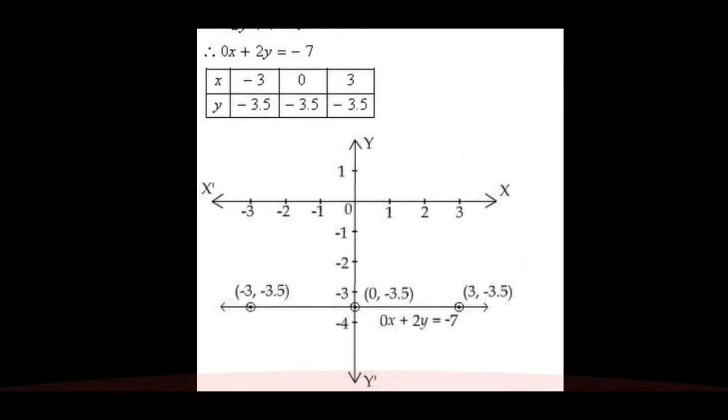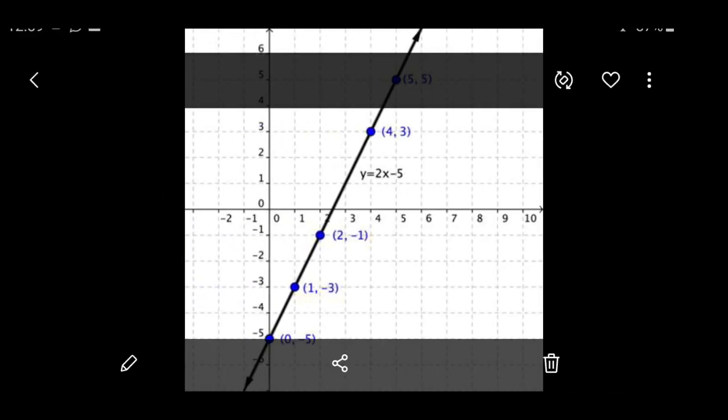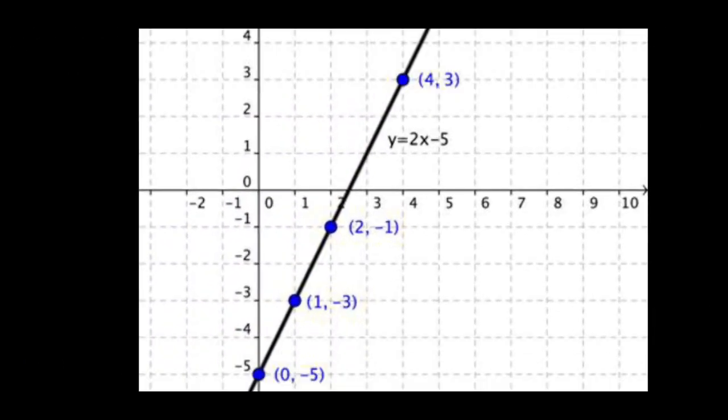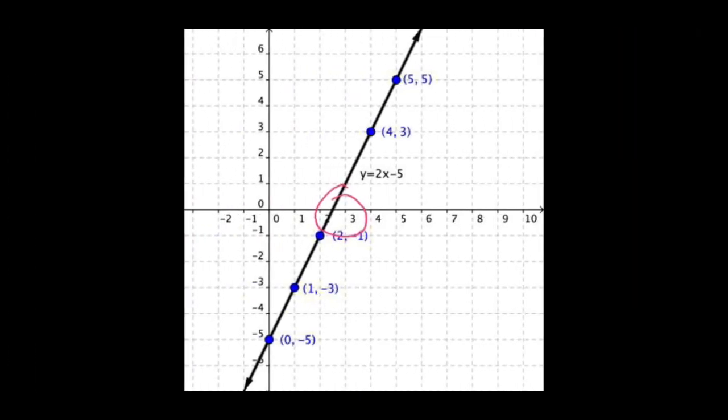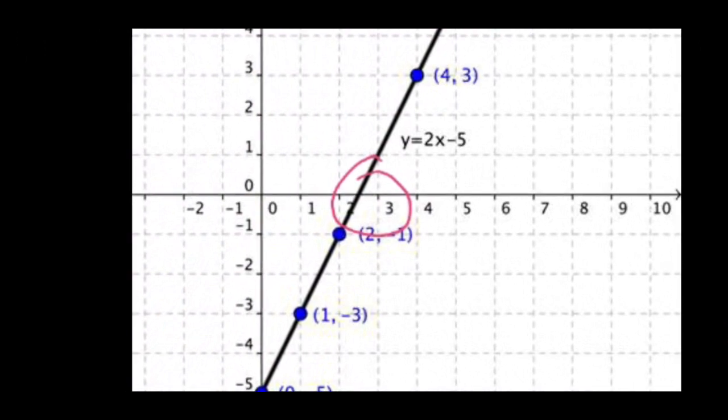Next, the second case. Okay, this is the graph of y equal to 2x minus 5. Now you can see that this graph is intersecting the x-axis. Here I marked it. That means you can see an intersection point or meeting point. This line is intersecting the x-axis at only one point. Just check it.